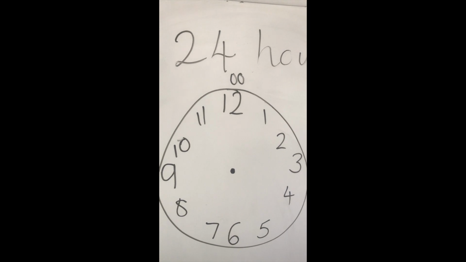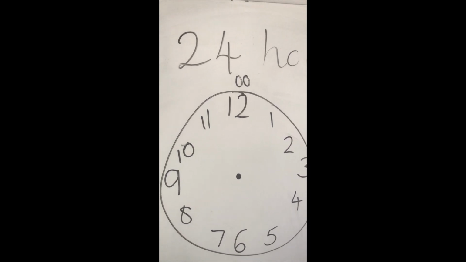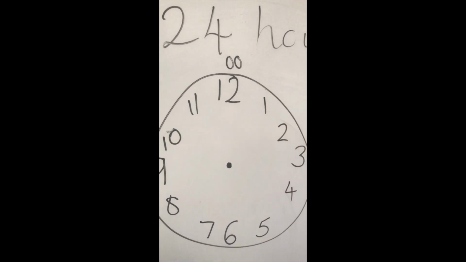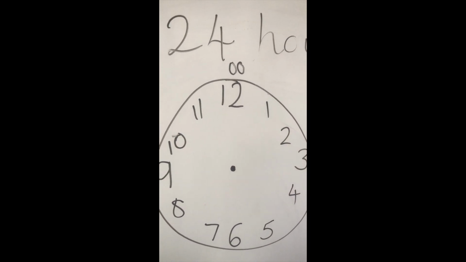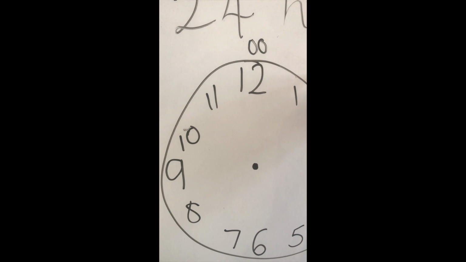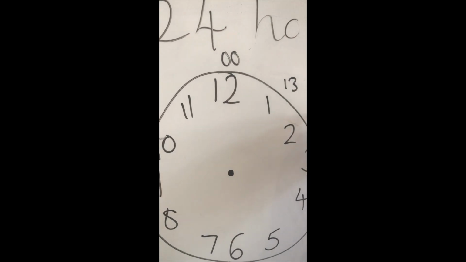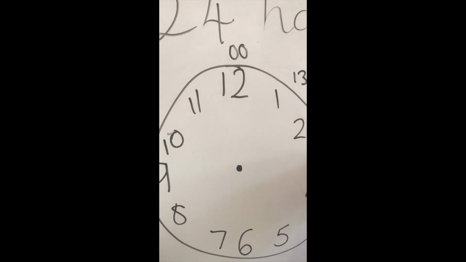That's midday, 12 noon. Then, while you're out playing for lunchtime usually, 1 o'clock happens. But on a 24-hour clock, we call that 13. We've had hour 12 and now we're on to hour 13. Hour 14, hour 15.